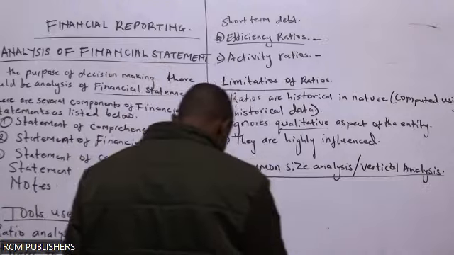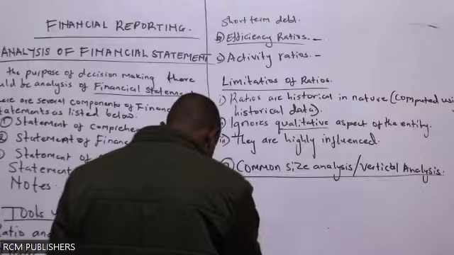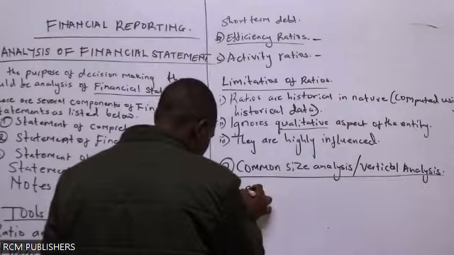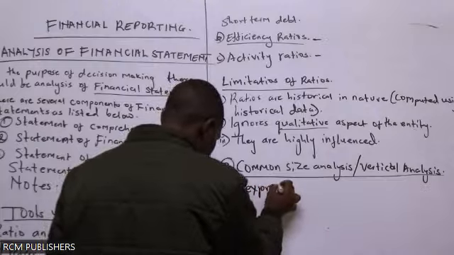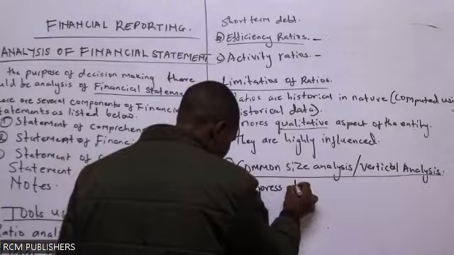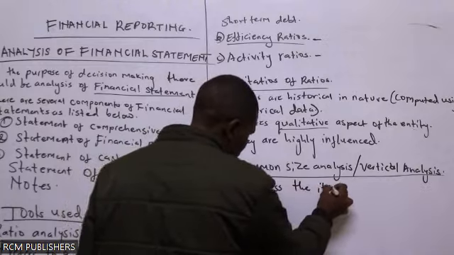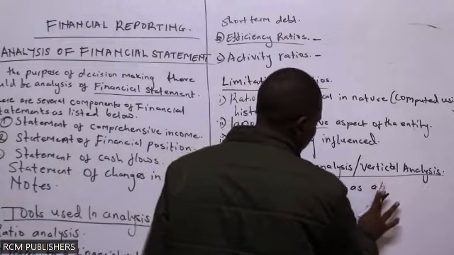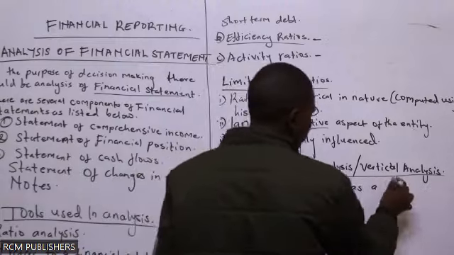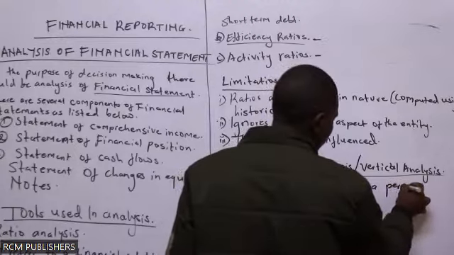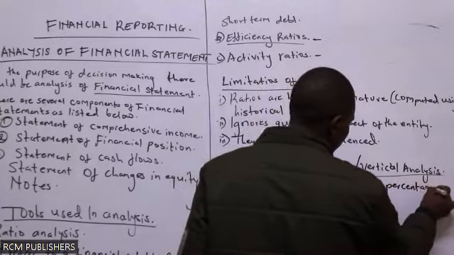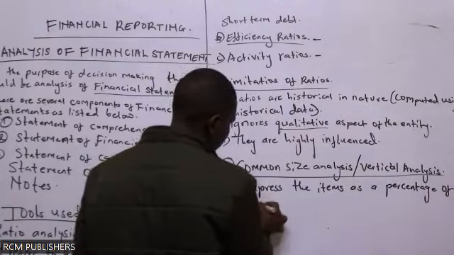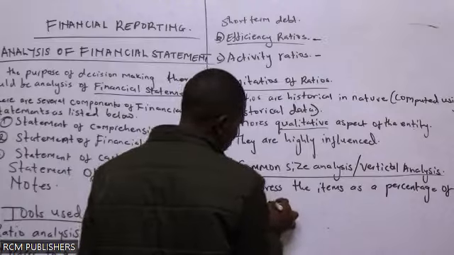So in the income statement, we express the items as a percentage of sales or revenue.